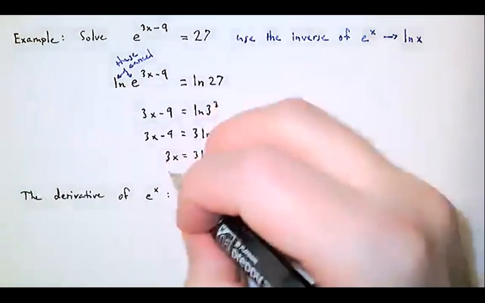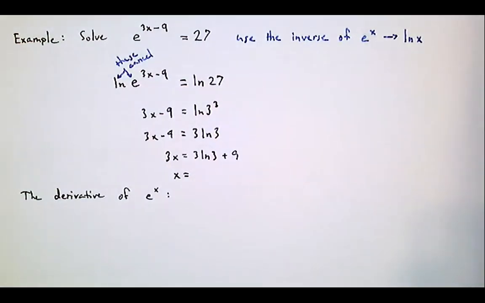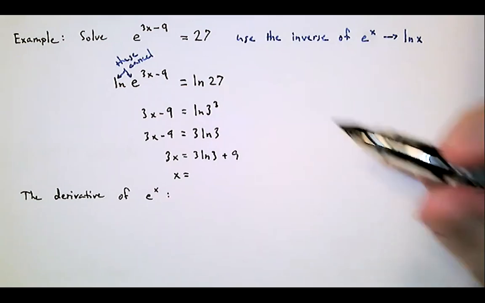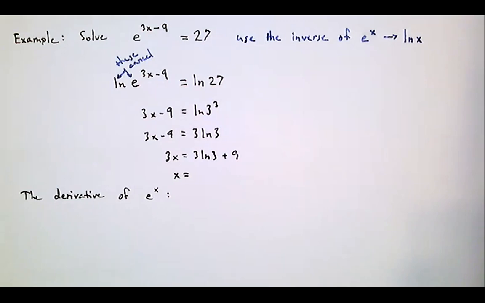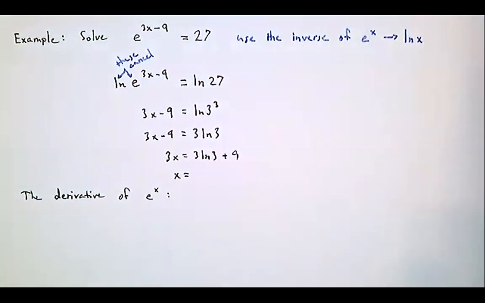So what is x equal to? What's the final answer? Right, divide everything by 3. And what's left over? Well, that 3 cancels.